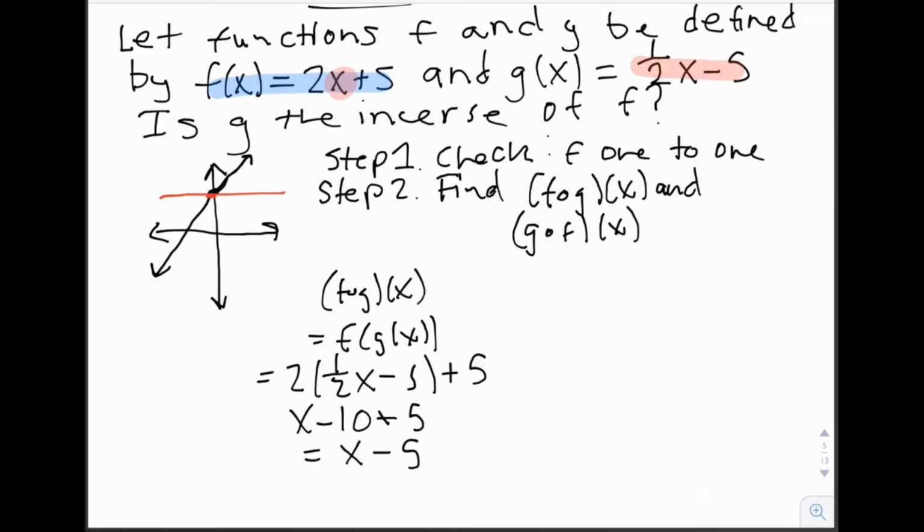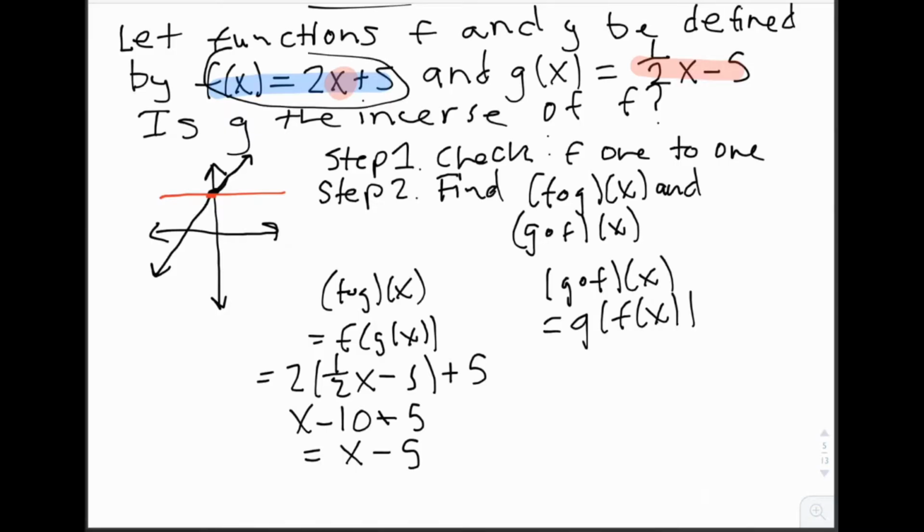Now let's try to figure out if our g of f of x gives us what we want. So g of f of x is going to be equal to g of f of x. Every single time we see an x in our g of x, we replace that with our f of x, or 2x plus 5. So what will that produce?